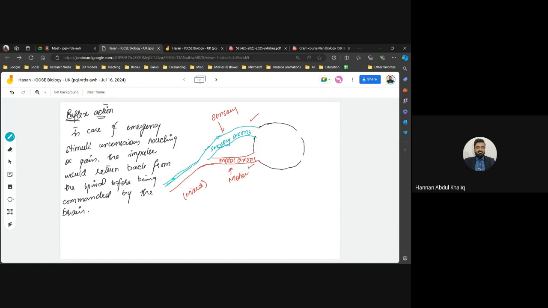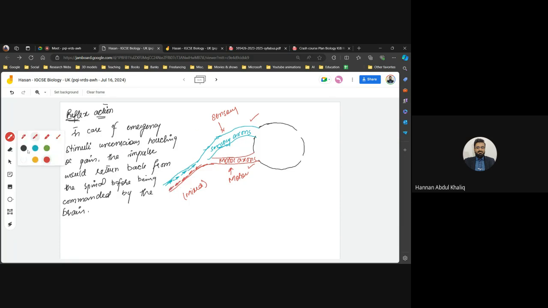Now you will find many axons up here which are taking the impulses on this side, and you will find many axons here which are taking the impulse towards this side.